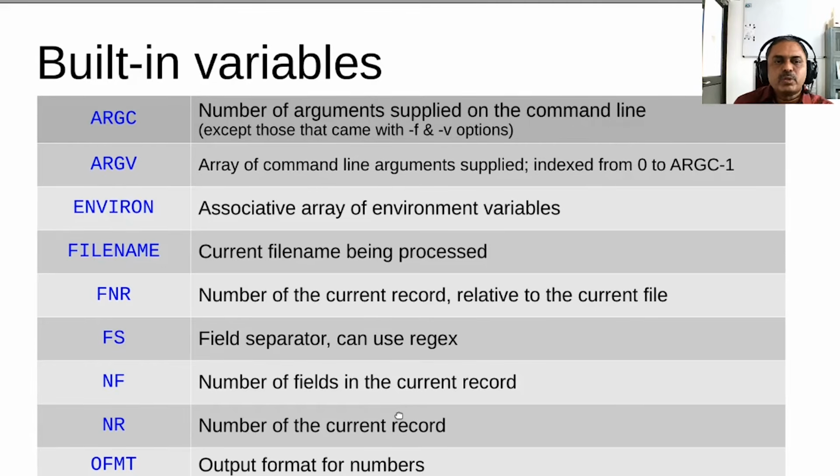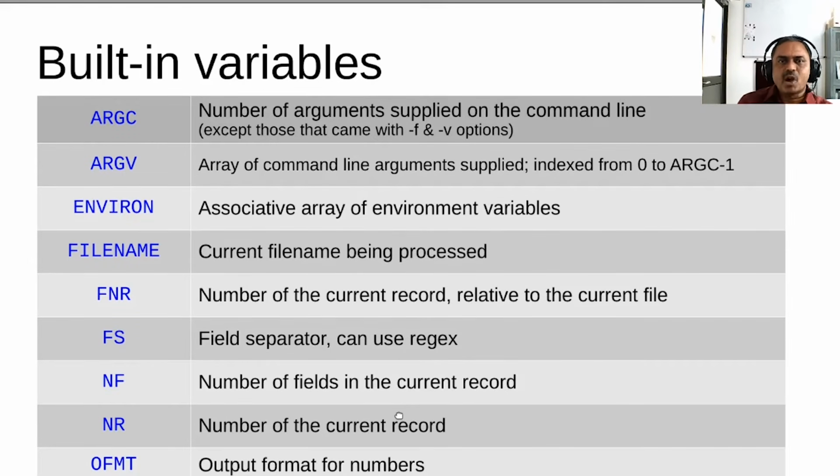Except for those arguments that come with -f and -v options, -v for the variables that are being set and -f for the file name where the script has to be read, all other arguments applied to the script will be available to the script through the variables ARGC and ARGV. ARGC tells you the count of the arguments that are passed on the shell in the command line. ARGV will contain a list of the strings passed as command line arguments.